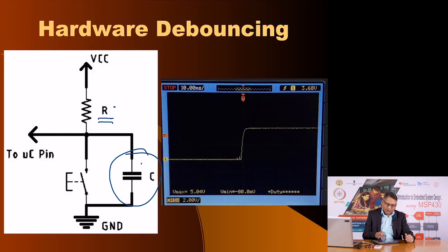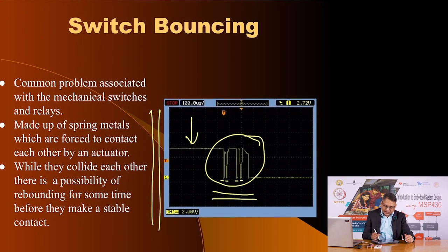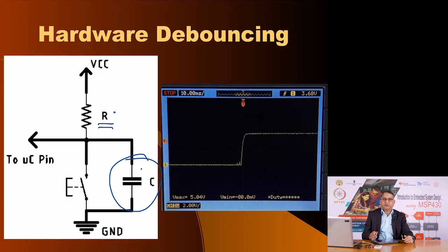If we know that our switch bounces, say in this case, a couple of 100 microseconds, then you should have the low pass filter frequency much lower than 1 by 300 microseconds, whatever the resultant frequency is. If you select the values of R and C such that the resultant frequency is much lesser than that, this will be able to debounce the switch in hardware.